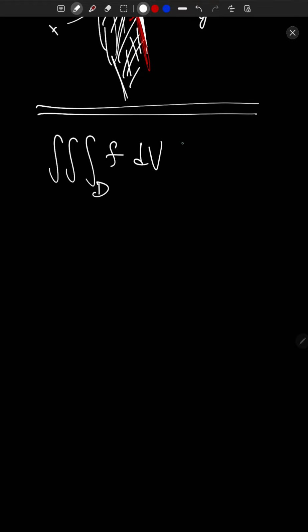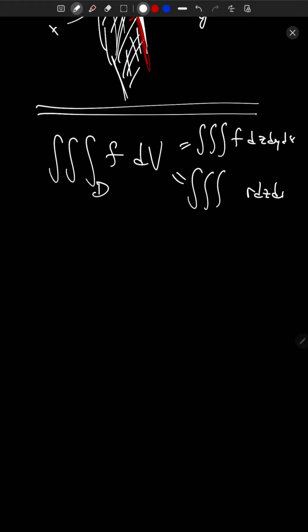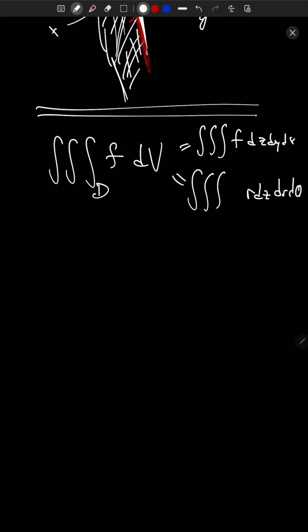We already said that in rectangular coordinates, it's just d whatever dz dy dx. Straightforward. In polar coordinates, it's r dz dr d theta. And then we have our f.